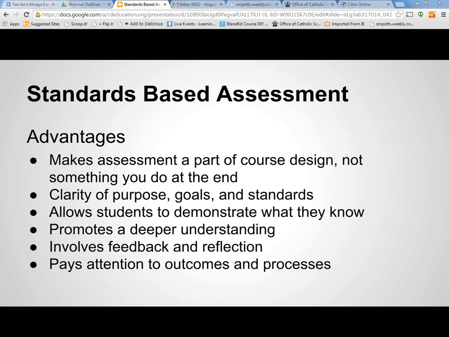Because students do better when they have specific feedback, but they do even better when they have time to reflect on their own work, when they have the chance to self-assess. This is a huge key part. Now, you'll have to teach them how to do that, but as they self-assess, they begin to internalize this, and it gets to that deeper understanding.